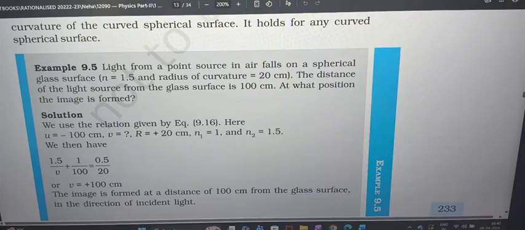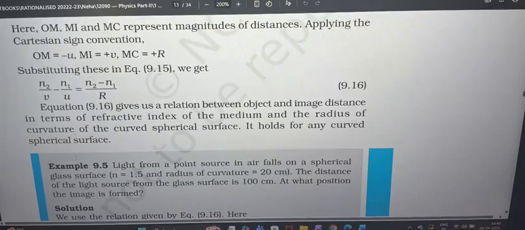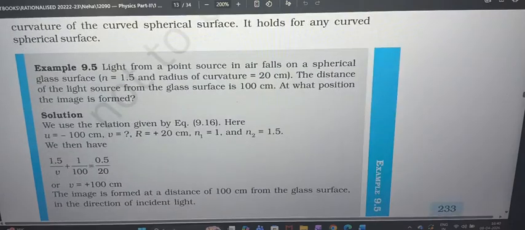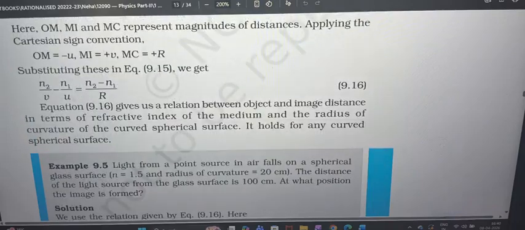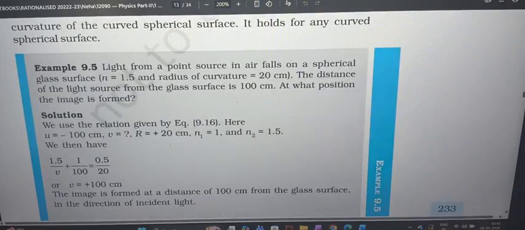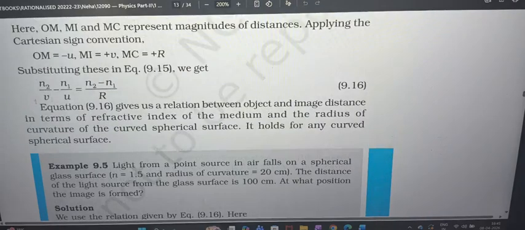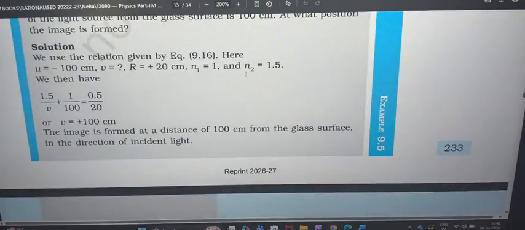Simply substitute the values. n2 by v is 1.5 divided by v, and this is negative u. Because we are putting negative 100 over here, the negative will get cancelled, it will become positive. n1 is 1 by 100, equal to n2 minus n1, 1.5 minus 1, 0.5 divided by the radius of curvature. If you take the LCM and calculate, we will get the image distance as 100 centimeter.